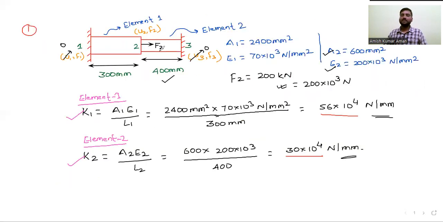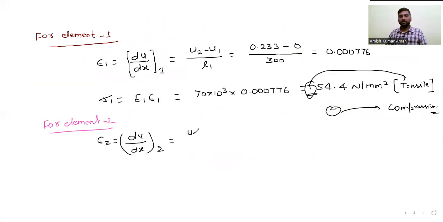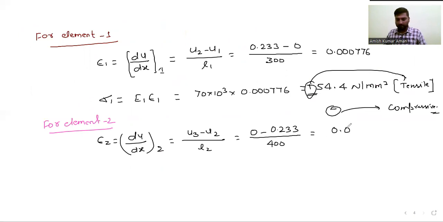So u3 minus u2 upon L2. U3 is 0, u2 value we have already calculated as 0.233, upon L2. L2 value is given as 400 mm. So we are going to get this epsilon 2 value as 0.000582.